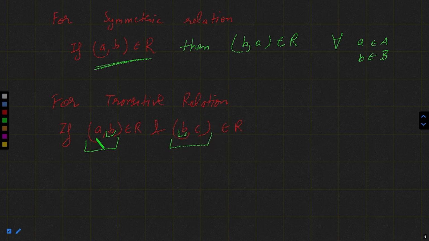So if (a, b) belongs to the relation and (b, c) also belongs to the same relation, then the things get transferred to c. As you can see, a goes to b and b goes to c, then a goes to c. If this also happens, that means the pair (a, c) belongs to R, then we say that it is a transitive relation. Okay, I hope the definitions are very clear to you.